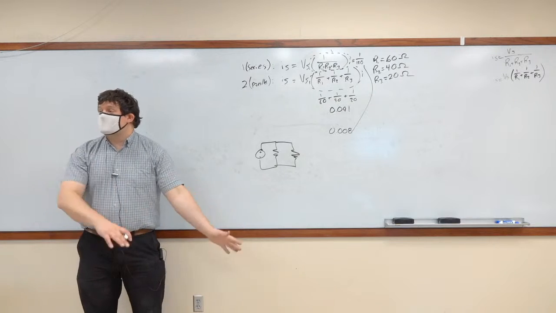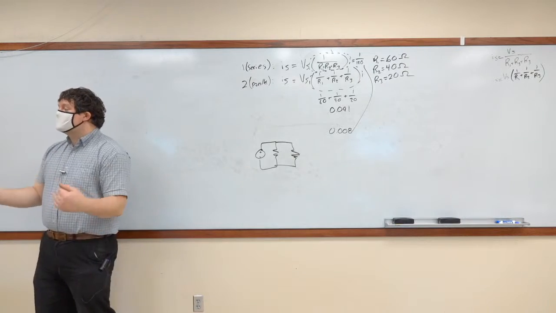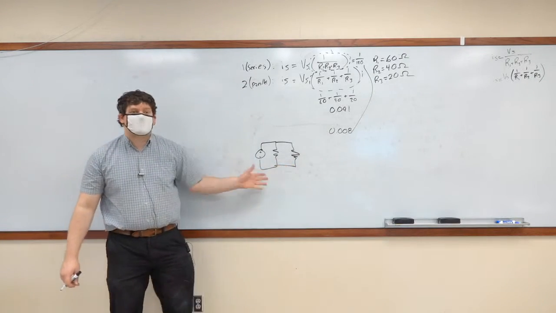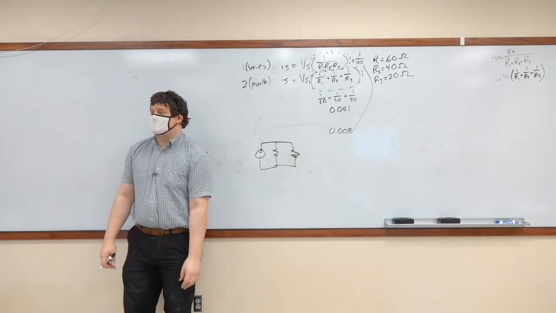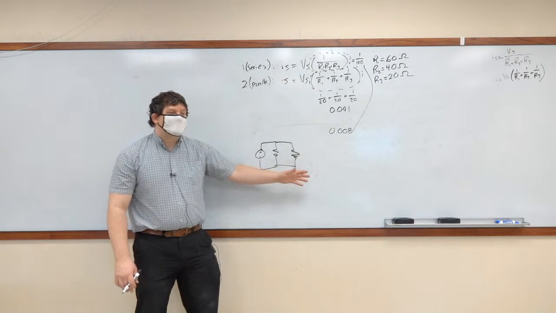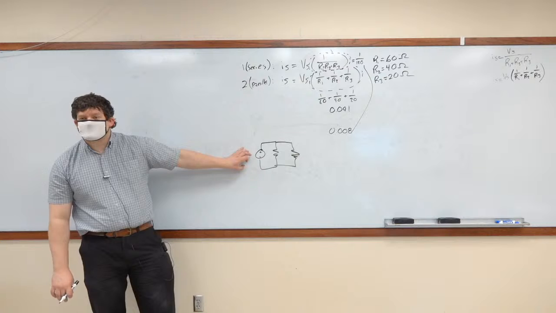But, as we pointed out in the last example, the power consumed by the battery has to increase because the total power consumed by the circuit is equal to the power given to the circuit by the battery. So adding components in parallel is going to increase power consumption when you have a voltage DC source.